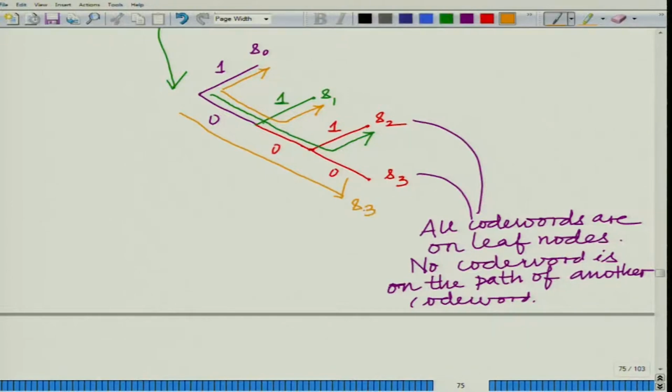So, no code word is on the path of any other code word. Another way to say it is no code word is an ancestor of another code word. An ancestor is basically a node that splits into further nodes in the binary tree. So, this node is said to be the ancestor node of the corresponding branches and the leaves that emanate from those branches. So, no code word is the ancestor of another code.